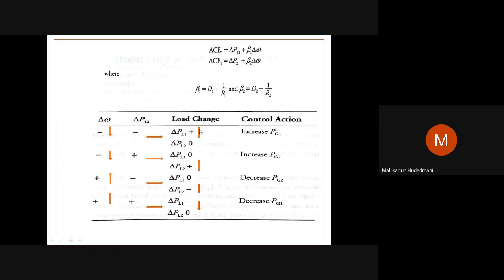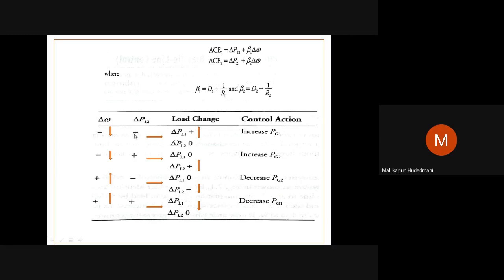So I made an arrow here. By arrow, what we can understand: if there is an increase in load of area 1, delta PL1 is increasing, that is plus, which indicates a drop in frequency, that is, delta omega is negative. Because of this increase, delta P12 is needed more and more from the supplement.